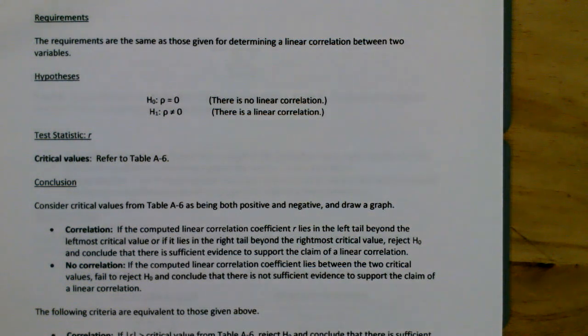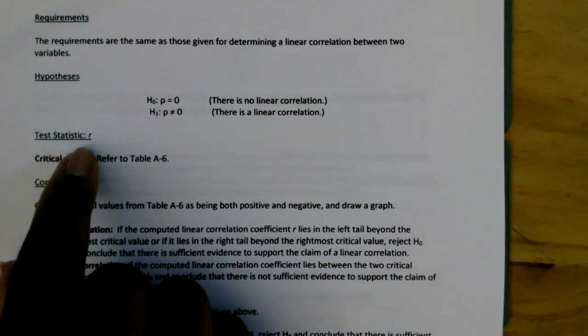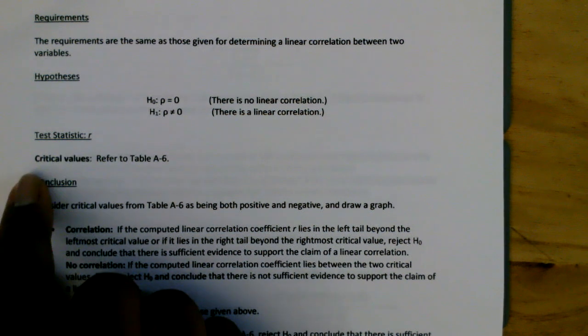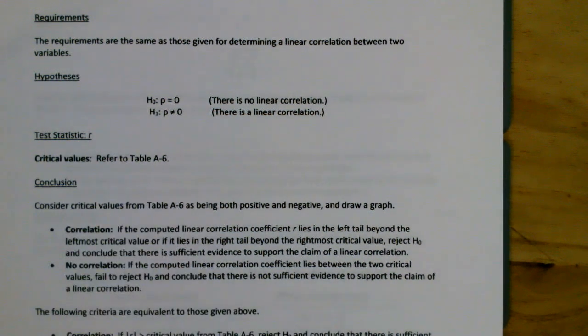Your test statistic is always going to be R, which you can obtain from technology. We'll be using the TI 83 and 84 plus calculator. The critical value you get from table A-6. Sometimes they may also ask for the p-value, which can be obtained by using your TI 83 or 84 plus calculator.